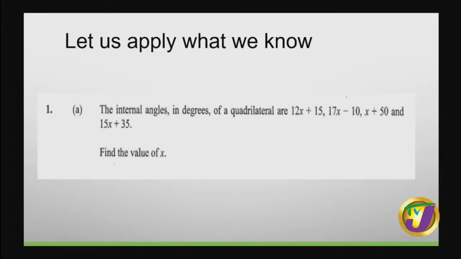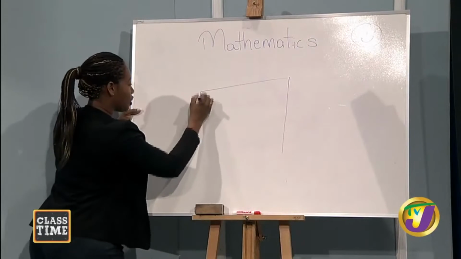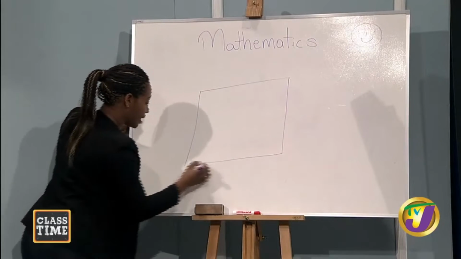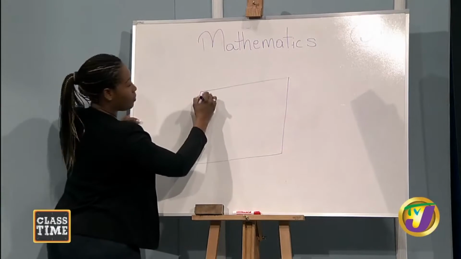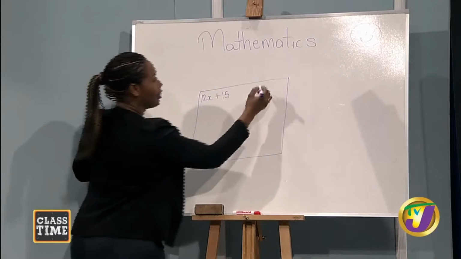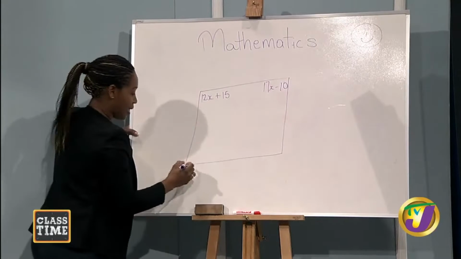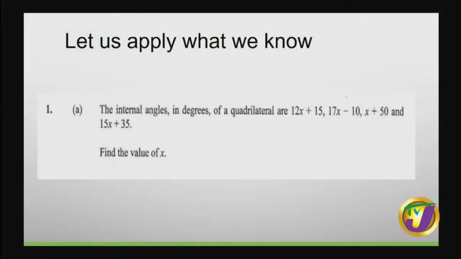Guys, I don't know how I expected you to see that. Let me just make that much bigger for you to see exactly what I'm saying. I do apologize. So 12x plus 15, then you have 17x subtract 10, and you have x plus 50, and then the last angle represented by the expression 15x plus 35.